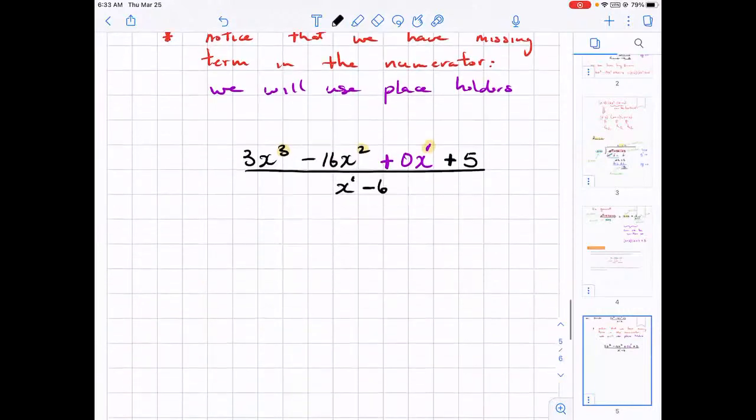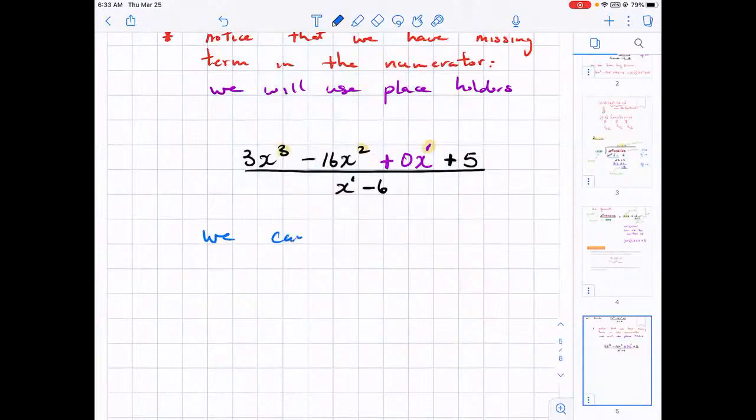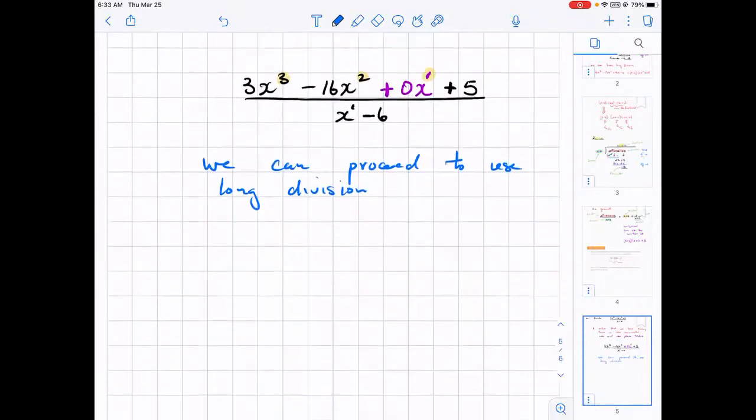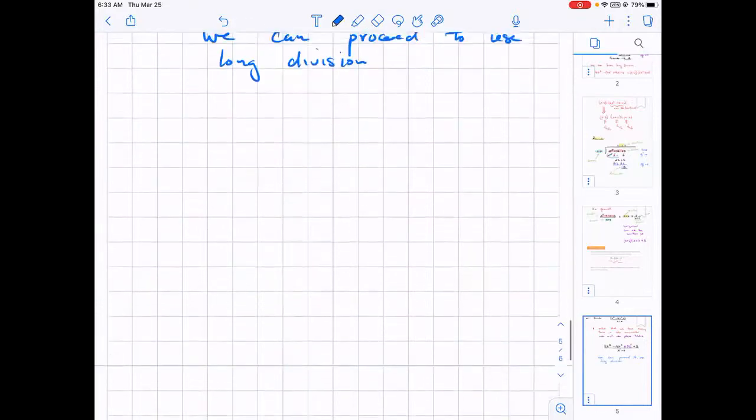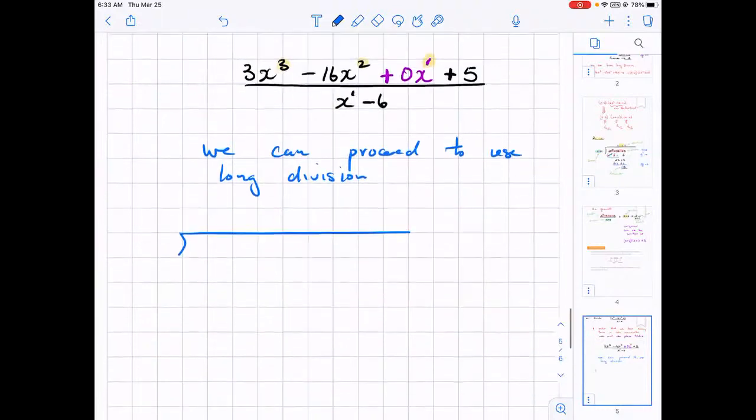Now we can proceed to use long division. So if we set it up the way we're setting it up, we have x minus 6 out here.